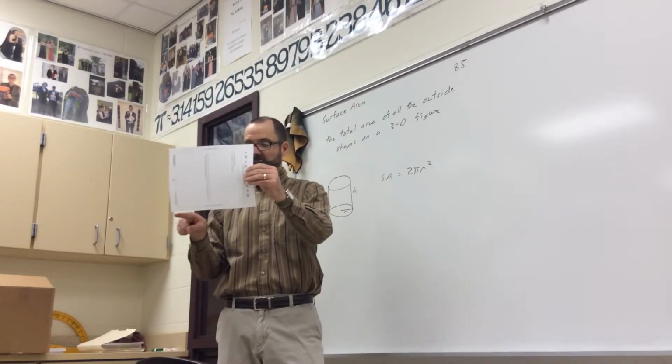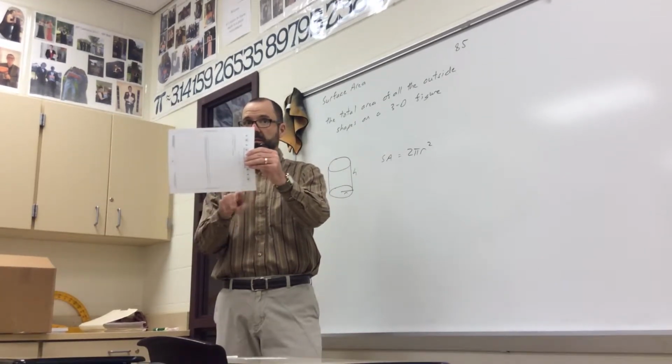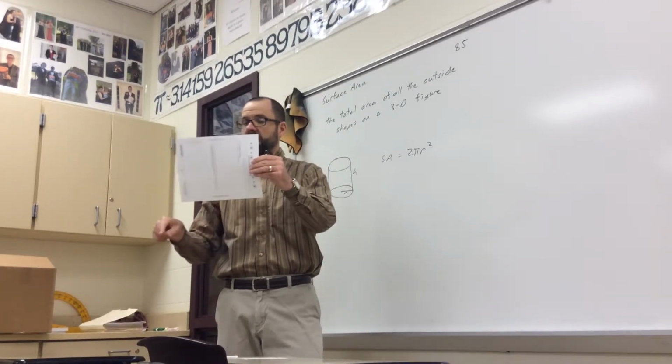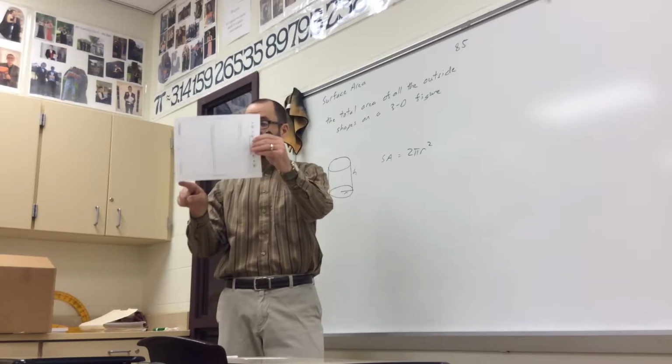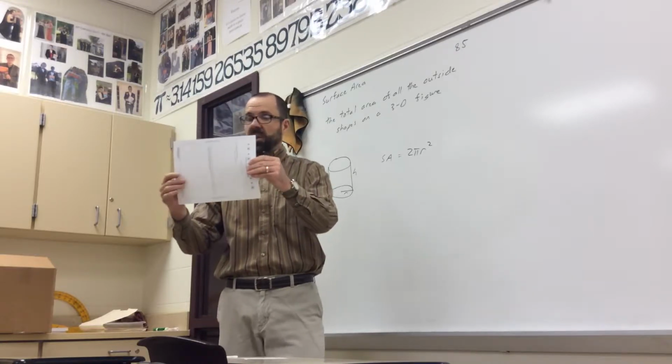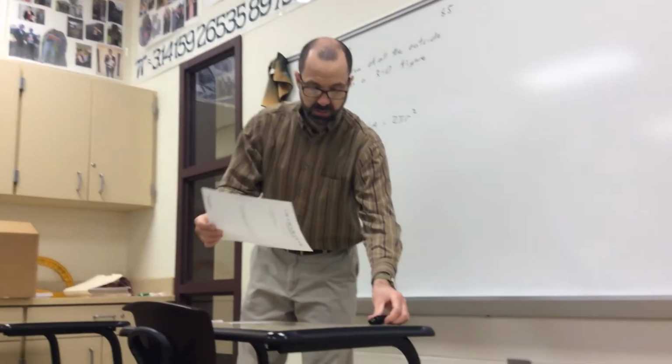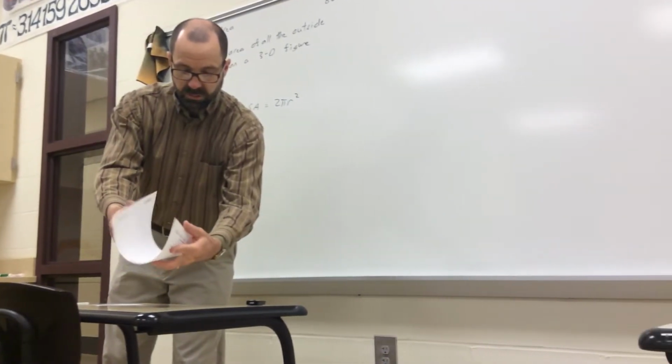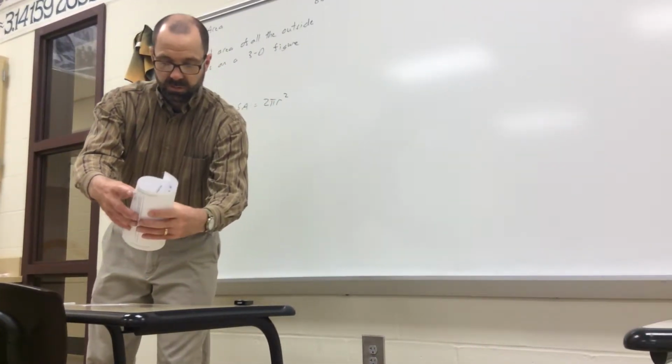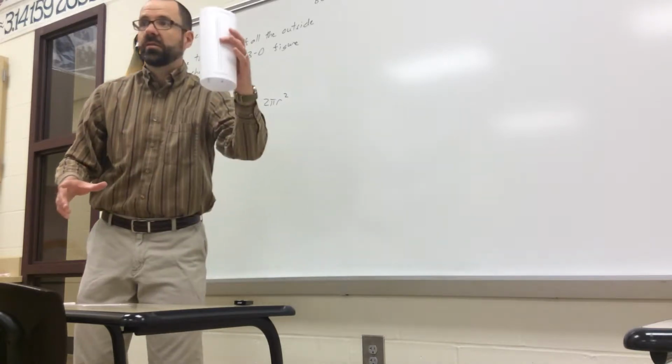Okay, so we have to figure out how big this base is. Watch where this goes. See this base? When I fold this up, where does it go? Where's the base now?